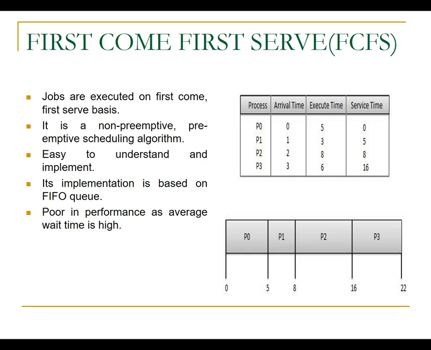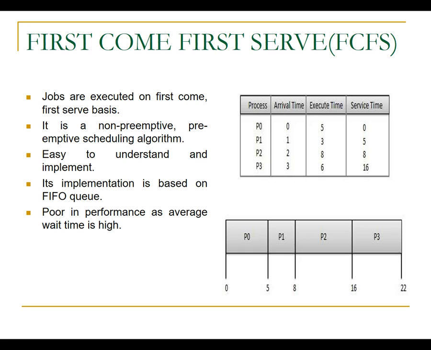The entire scenario in this particular algorithm is based on a first in first out queue. Now due to this, the execution and the performance of this algorithm is poor, and the waiting time for executing the next process is very high.